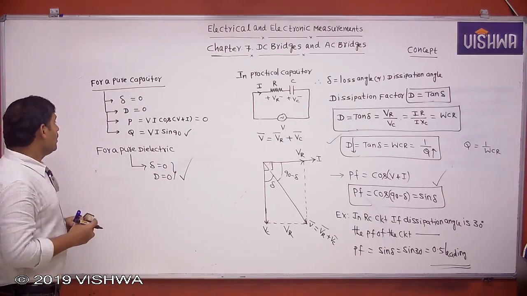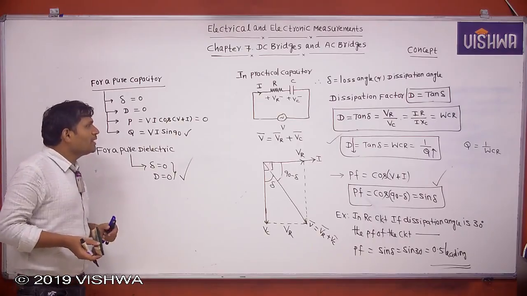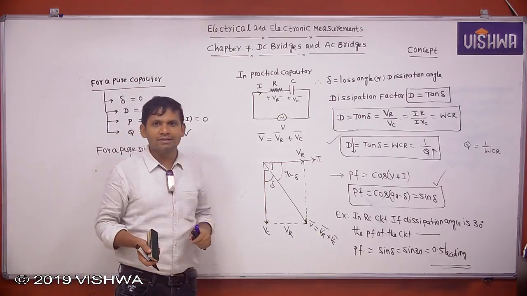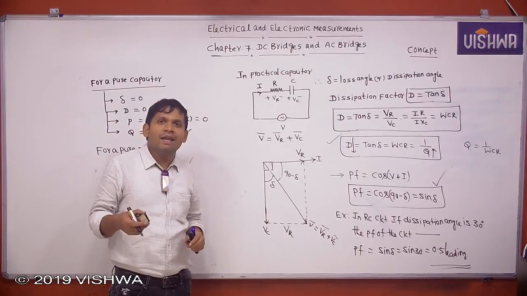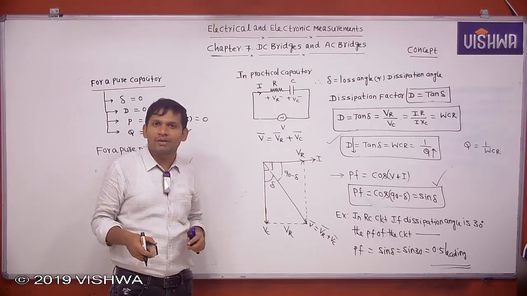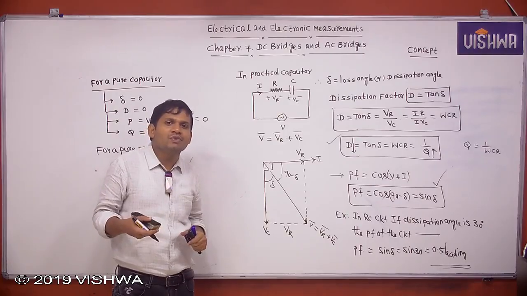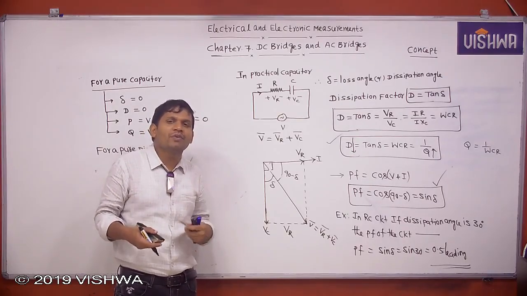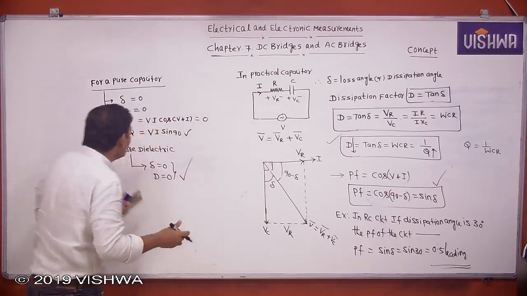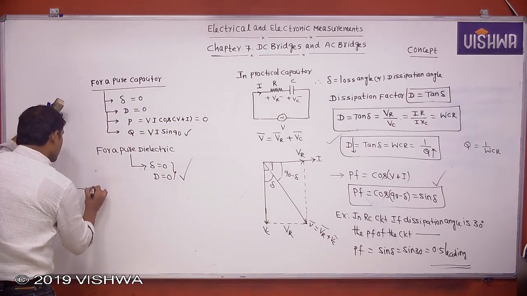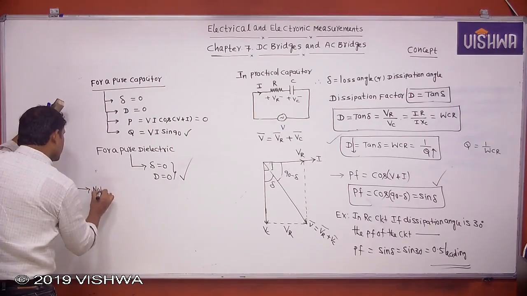That's why one of the main applications of this dissipation factor is the tan delta test. The tan delta test is used in transformers, mainly to find the properties and quality of the insulating material in a transformer. Remember this important note.